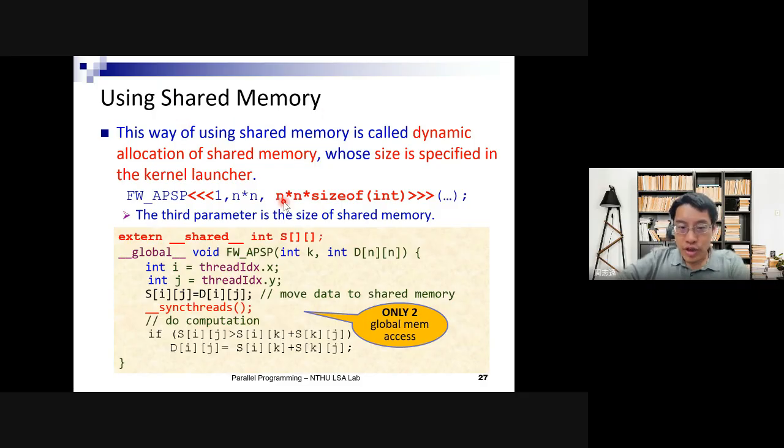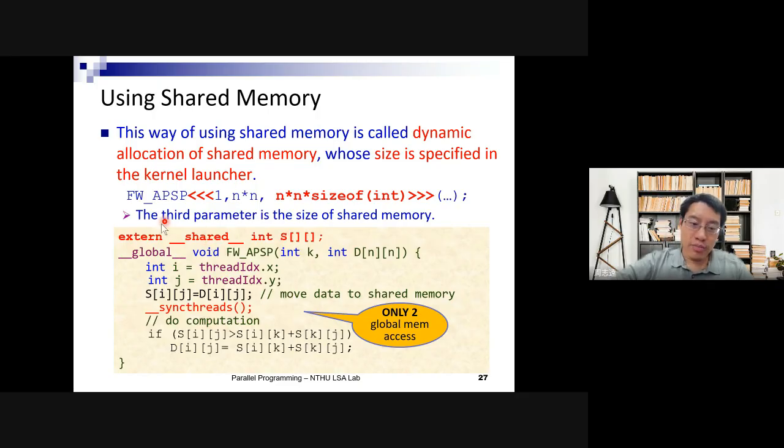So you can specify the size of the shared memory you want to allocate at runtime in your launch command, and this size again needs to be a static value. Since you specify it here, you can see that the shared memory is declared as an external variable, with the keyword shared, which indicates a variable declared on the shared memory.